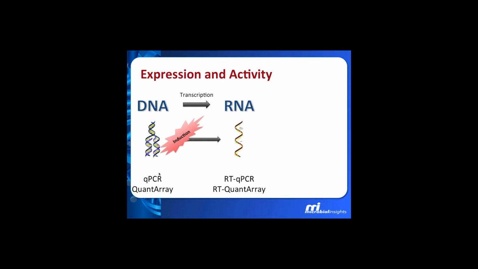For instance, it's induced by a naphthalene molecule that comes by and it wants to degrade that naphthalene, so you get production of this RNA. We can extract that RNA, so it's taking a step further than DNA, where that permanent hard copy is. And RNA shows us that the organism is actually expressing that particular activity that we're interested in and making RNA.